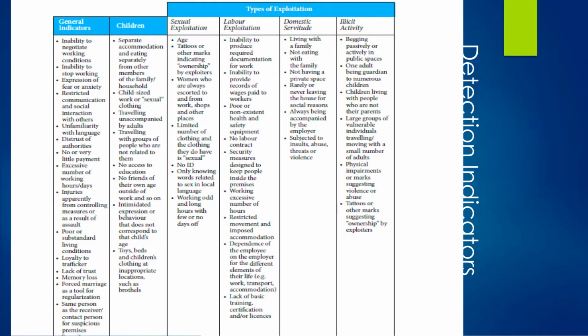And the final element of the crime of trafficking in persons is purpose. That purpose must be for exploitation. And at a minimum, that exploitation means prostitution or involvement in sex work, other forms of sexual exploitation, forced labor, slavery, practices similar to slavery, servitude, the removal of organs, sale of persons.